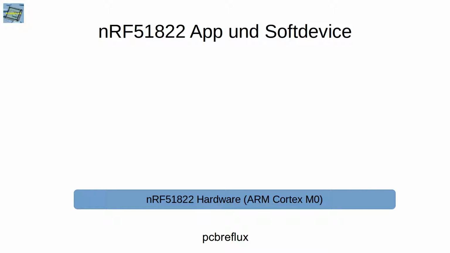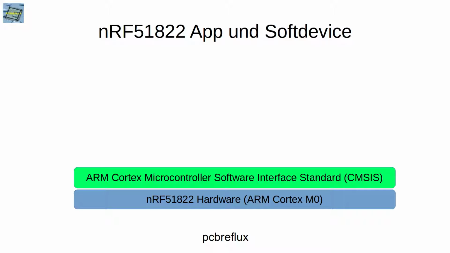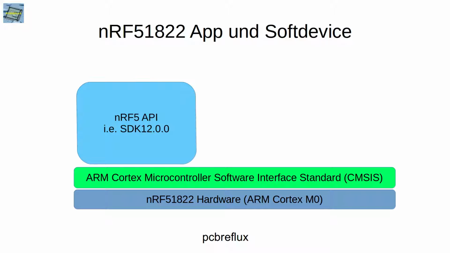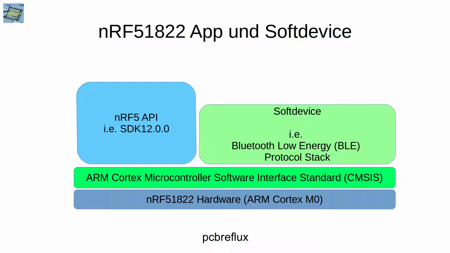Now let's repeat some overview about the hardware architecture from the nRF51822. First, we have our hardware. It's based on an ARM Cortex-M0, and on this we have the ARM Cortex microcontroller software interface standard CMSIS, and then we have two blocks, the nRF5 API or the SDK, for example version 12, and on the other side we have our soft device.